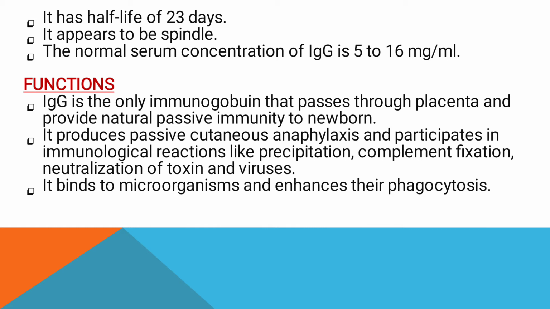It also produces passive cutaneous anaphylaxis reaction, and participates in immunological reactions like precipitation, complement fixation, and neutralization of toxins and viruses. It also binds to microorganisms and enhances their phagocytosis. So these are the functions of IgG. This was about IgG immunoglobulin.